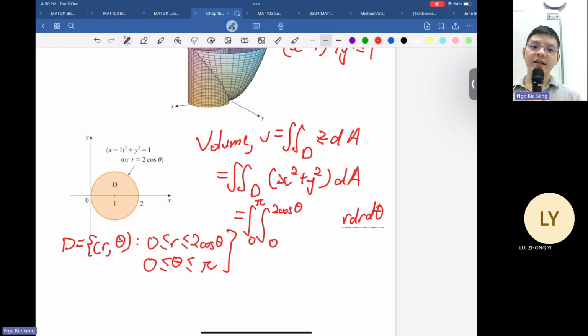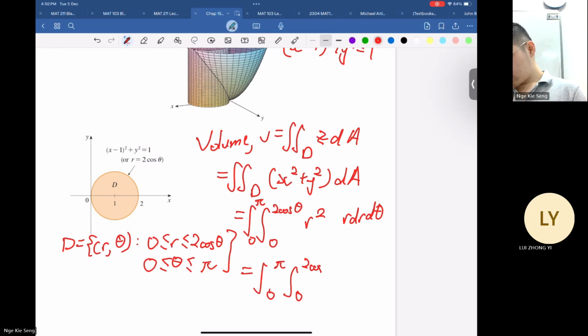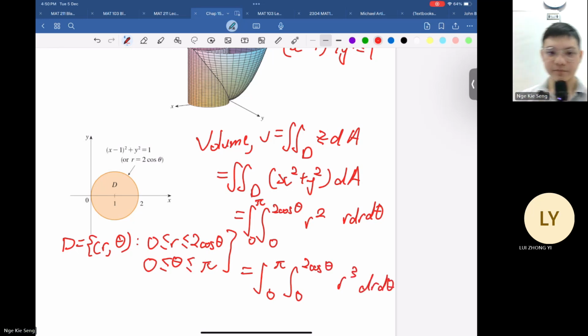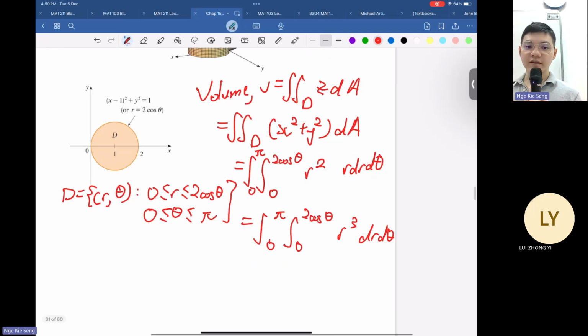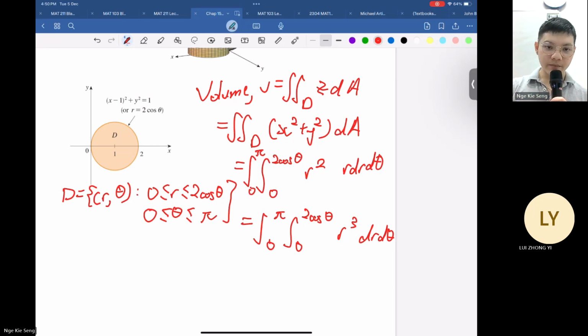What is x squared plus y squared again? r squared. Okay, so we integrate over r cubed dr d theta. Do this integration here. What should we get?